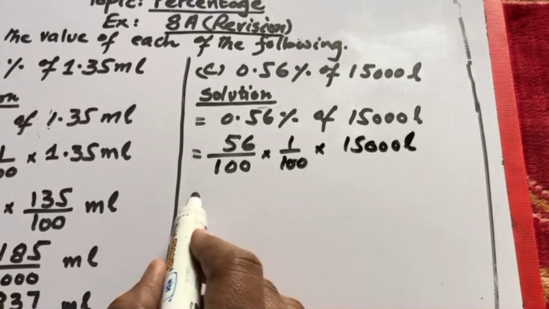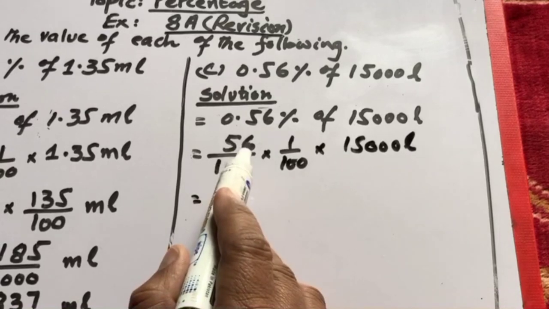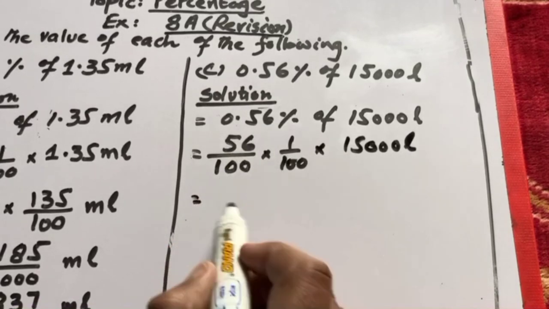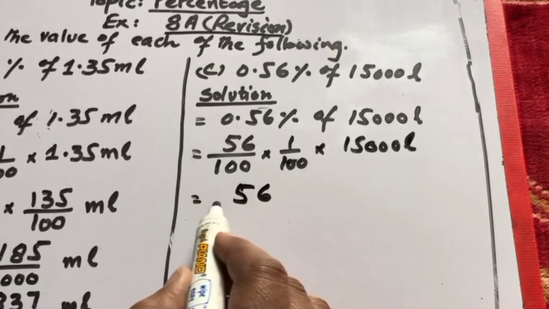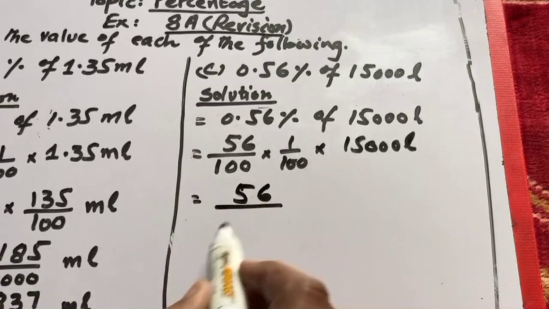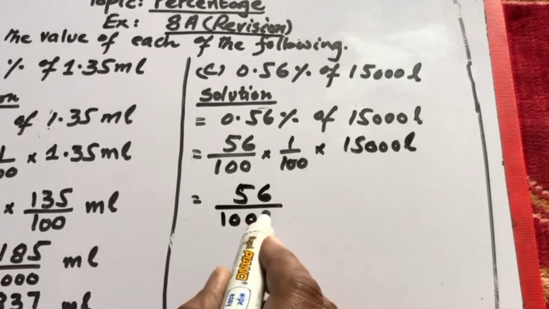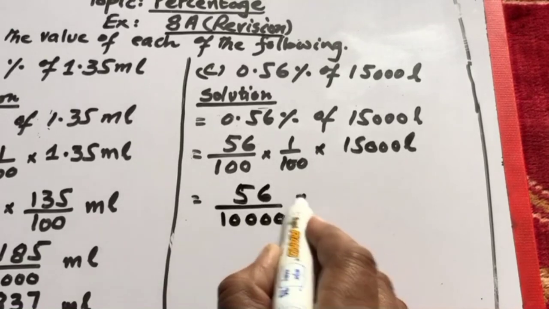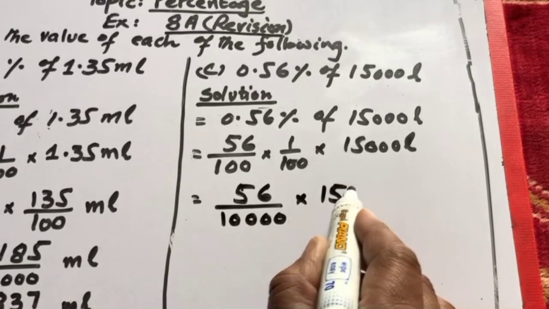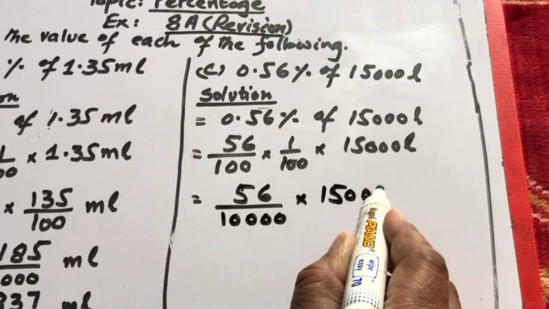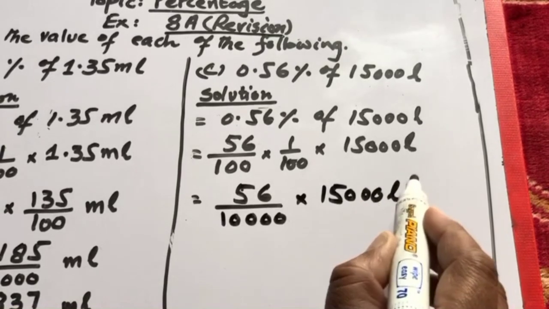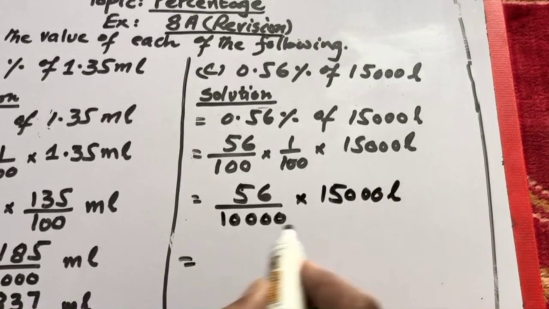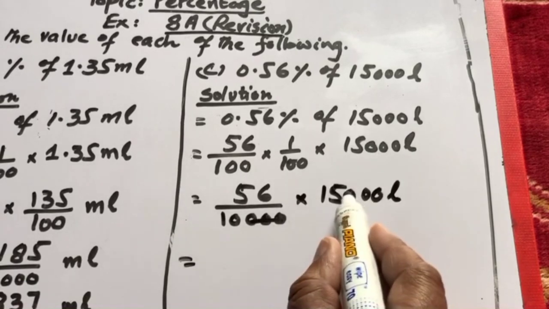Now if we simplify, we will multiply 56 ones are 56 over, if we multiply 100 by 100, then we will have 10,000, multiplied by 15,000 liters. So 3 zeros will cancel out 3 zeros.